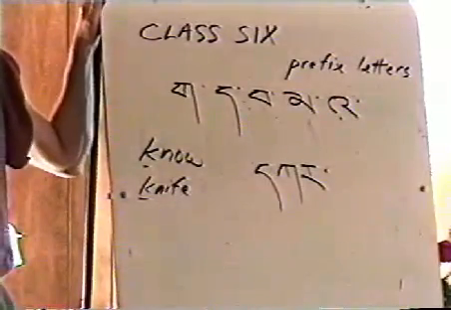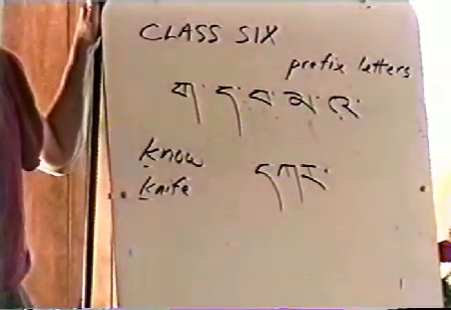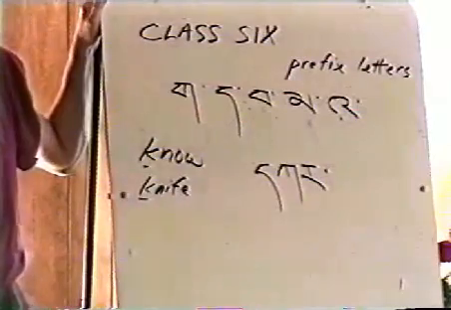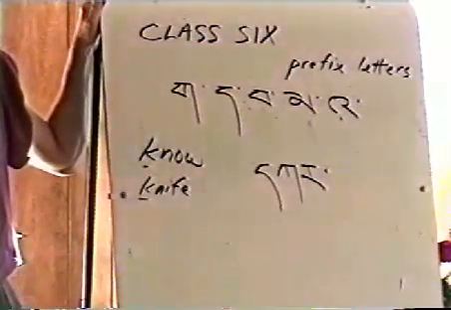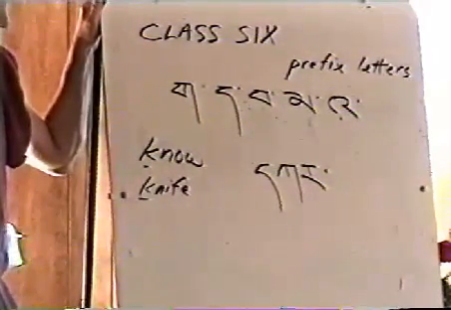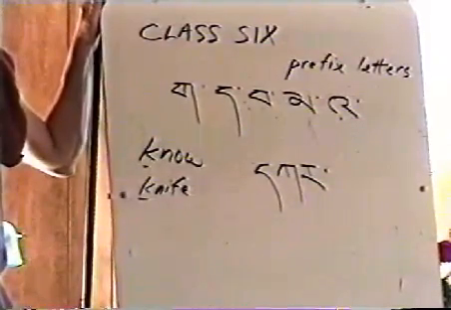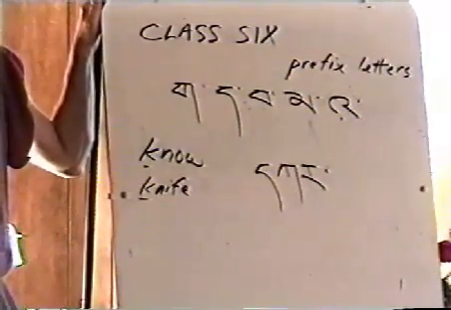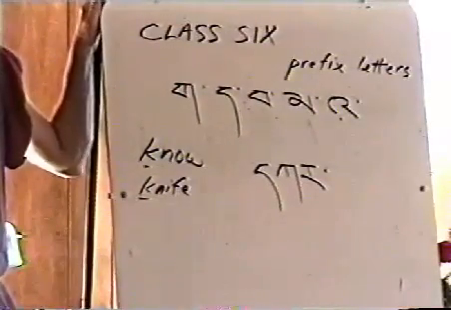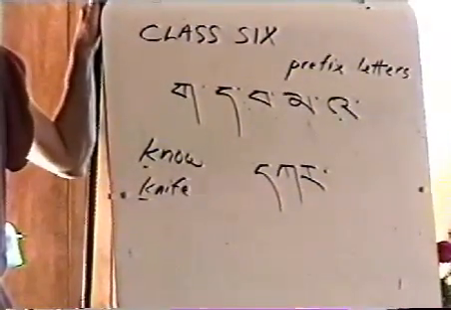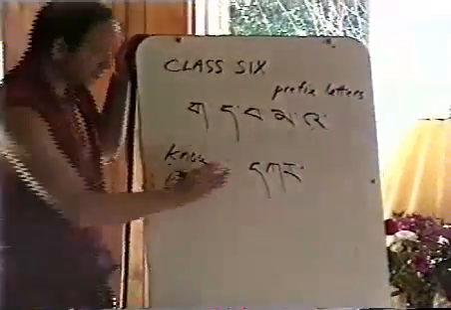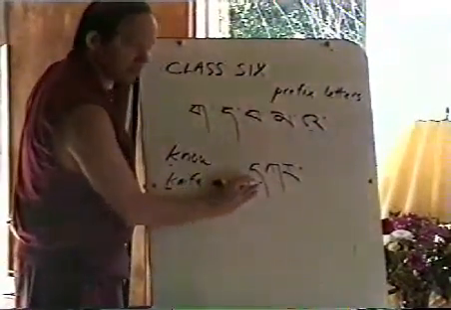I'll repeat. The rules for changes in pronunciation are the same as with the head letters. What does that mean? First column, no change. First column is already strong, already high, so it can't go anywhere. This kar is pronounced the same as this kar.